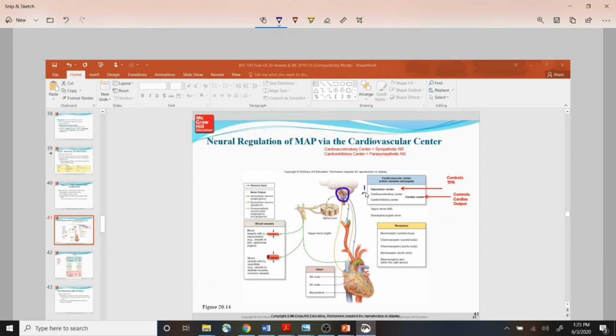One, 2, 3. It contains a vasomotor center. It contains a cardioacceleratory center. It contains a cardioinhibitory center.